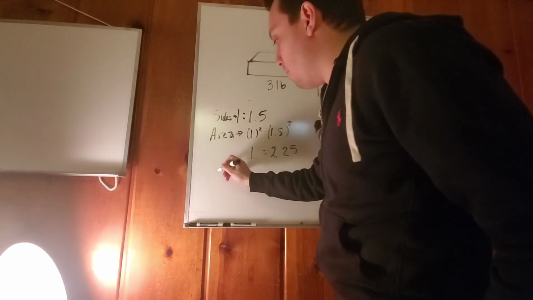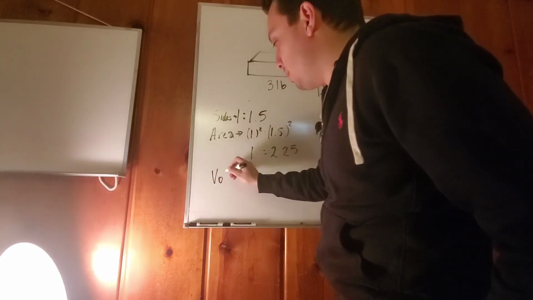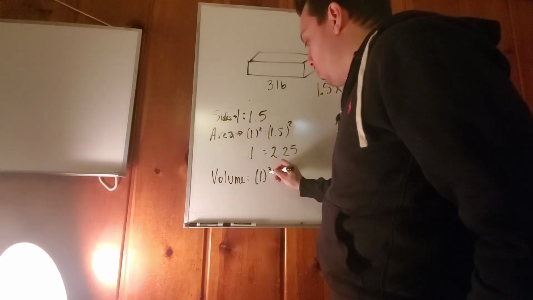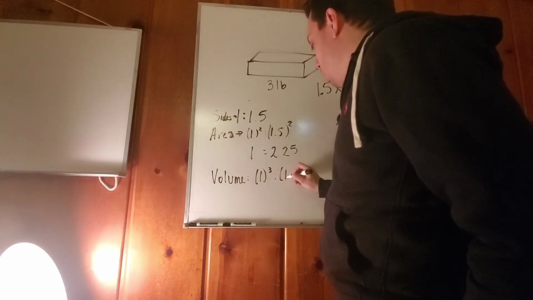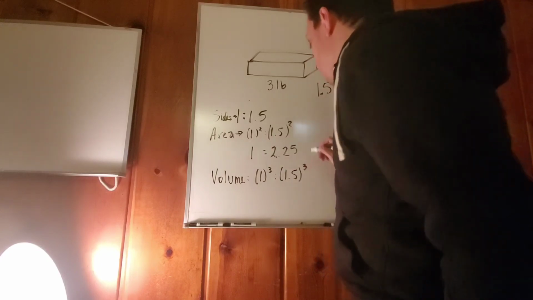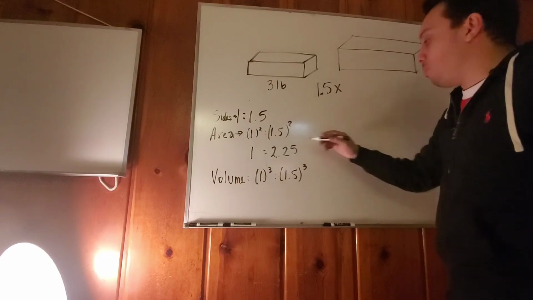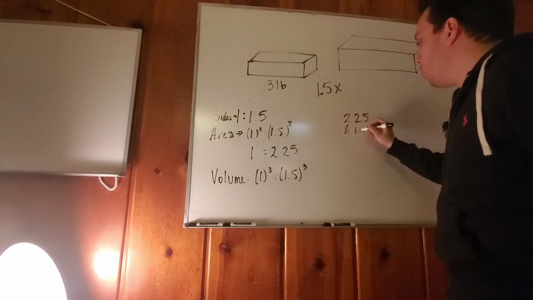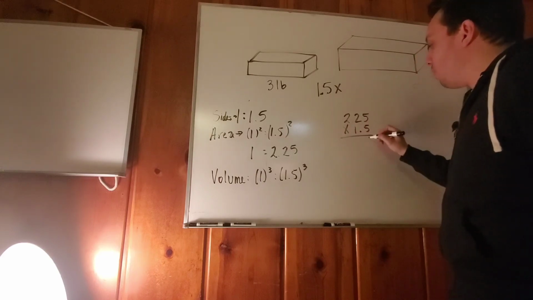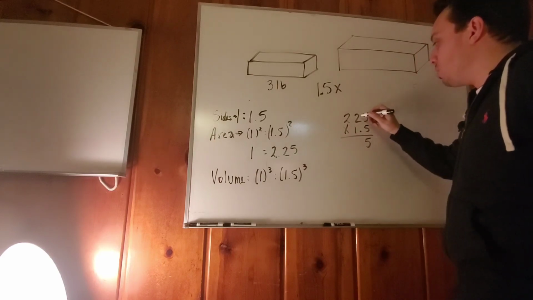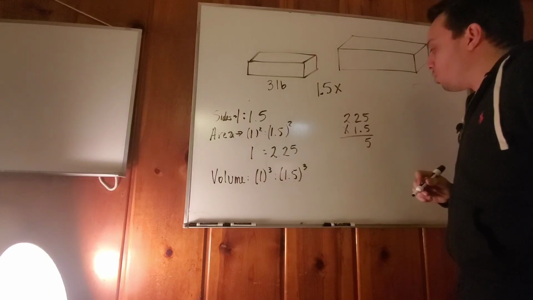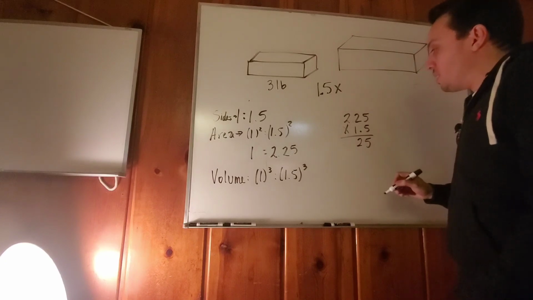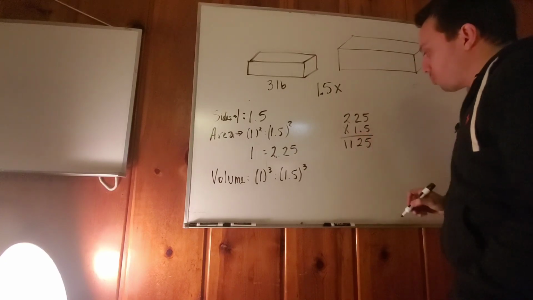And then we have volume, and volume has to be cubed. So it's 1 cubed to 1.5 cubed. I know 1.5 squared is 2.25, but then I have to do 2.25 times 1.5. 5 times 5 is 25, and the 2 goes up. 5 times 2 is 10, plus 2 is 12, and then 1 goes up. 2 times 5 is 10, plus 1 is 11.